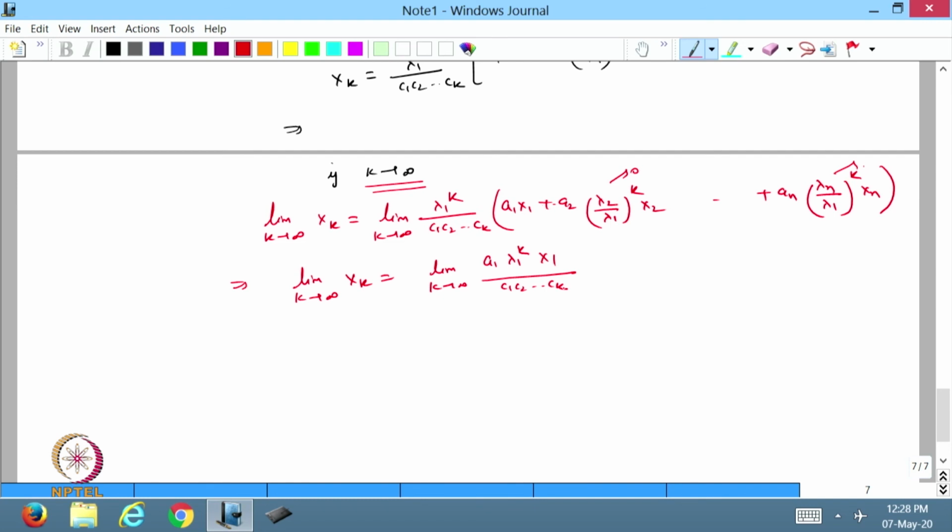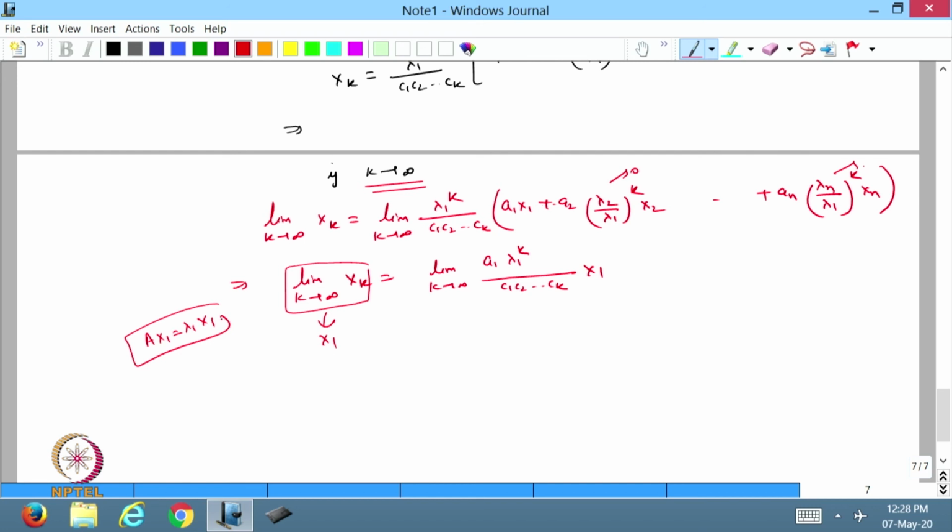So, this factor I will get into x1. Now, from here I know that on the left hand side it is also converging to x1, because whenever we get A x1 is equal to lambda 1 x1, only then the method will converge. So, this is the same eigenvector.